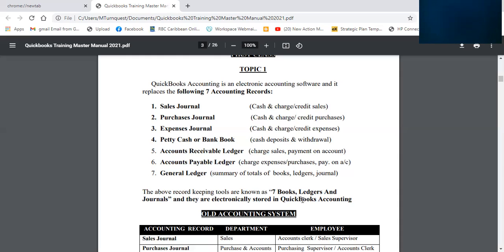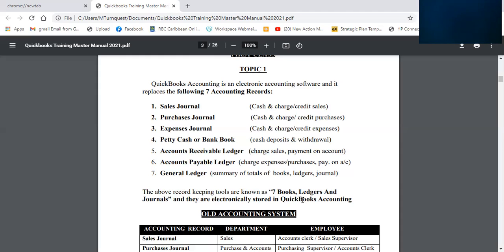And when you come in and you pay for those charge expenses, like the light bill, the water bill, the cable bill, and when you pay the vendor for those charge purchases that you have 30-day credit on. So the accounts payable only focuses on charge expenses, charge purchases.